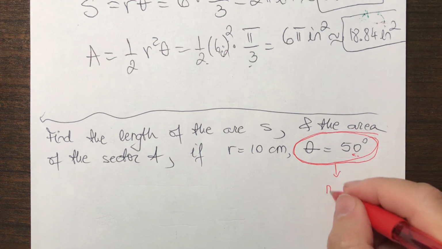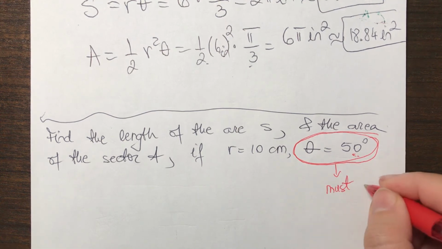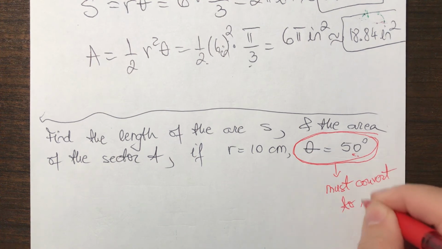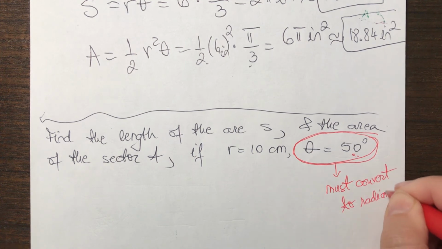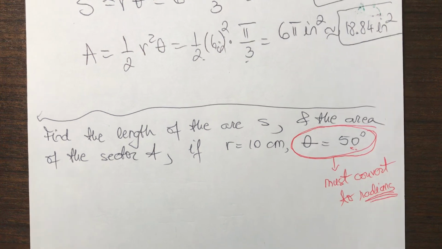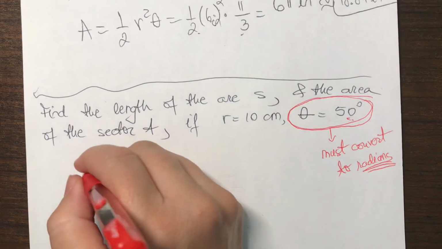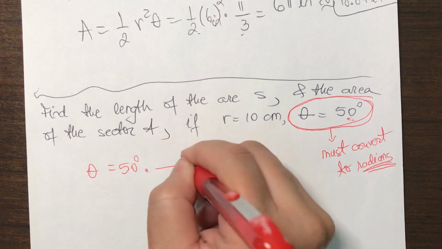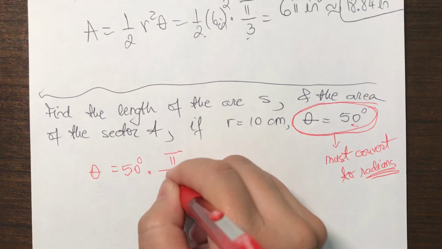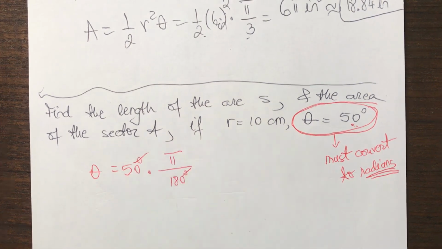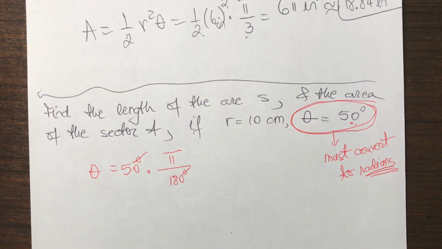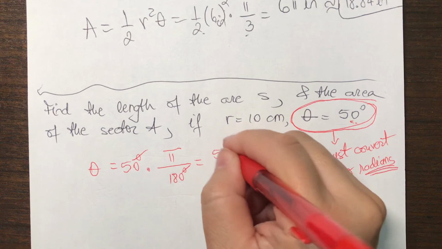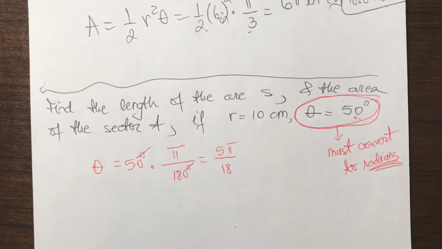No. Because it's not, we must convert to radians first. So how do I convert from degrees to radians? I want to get rid of the degrees and bring in the radians. So that's basically 5 pi over 18. We'll just leave it at that.